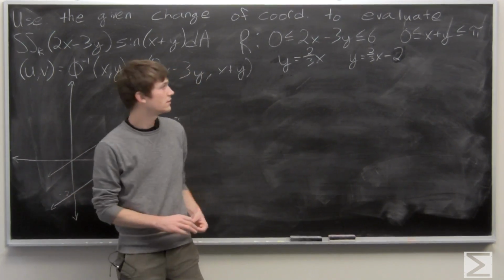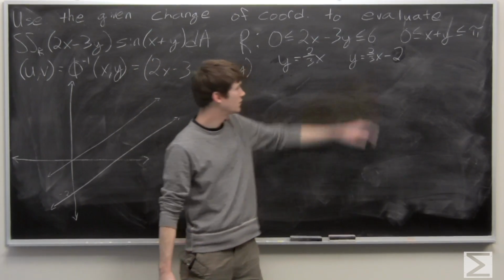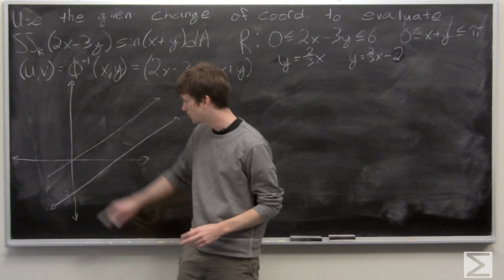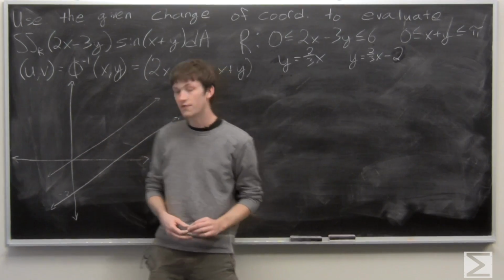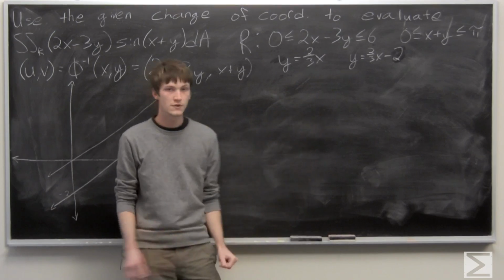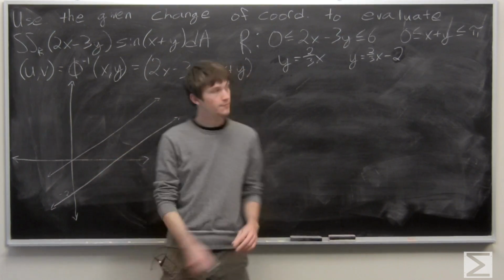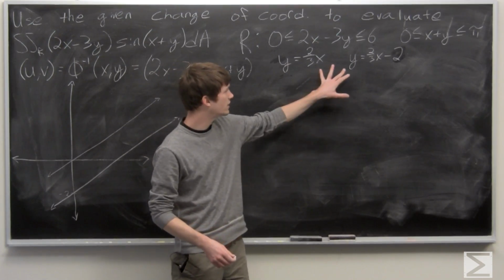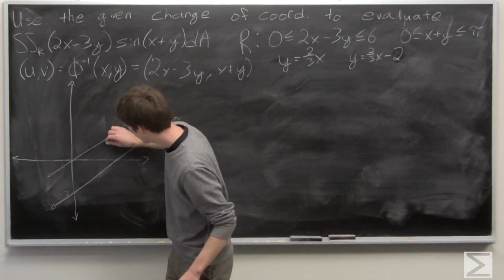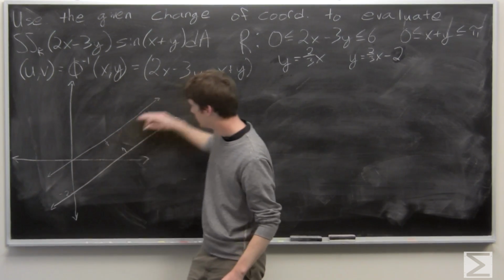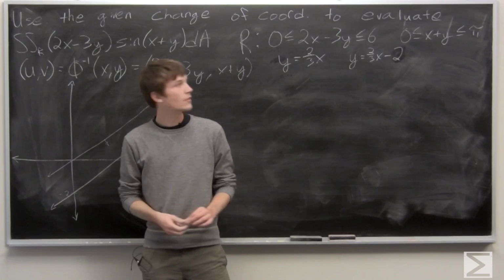When x is 0, y is -2 on the second line, and we're at the origin when x is equal to 0 on the first. The slope of both of them is 2/3, so these two lines are parallel. We're between these two lines, so we're looking at the area between these two parallel lines.